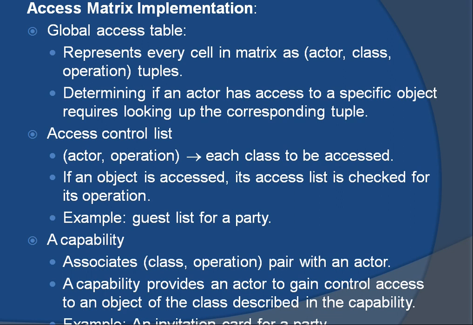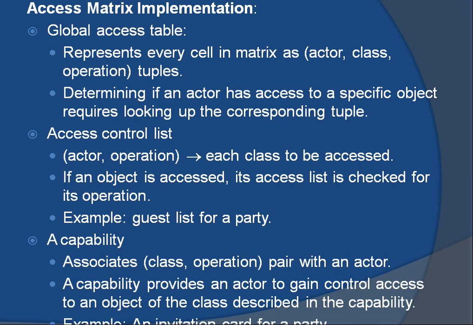Now we have ways to implement this access matrix. First, we can make use of a global access table. This table represents every cell in the matrix as an actor, class and operation tuple. There are three sorts of information here.